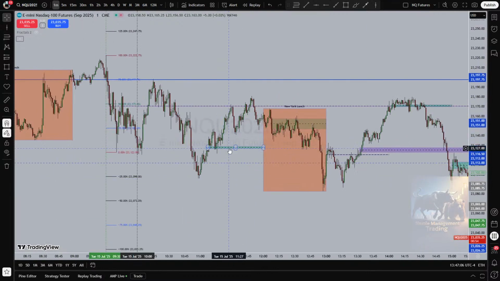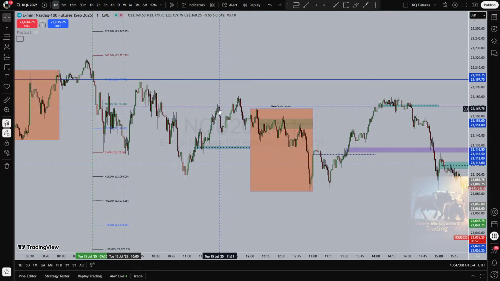So you say it doesn't happen. Look at this. What time is this? 11:30. Where is it hitting? First percent fair value gap. If you put a limit there, you would have been, let's see, 23,170.5. In drawdown, you would have been 1.5 points. And then hit, drops. See what I mean?